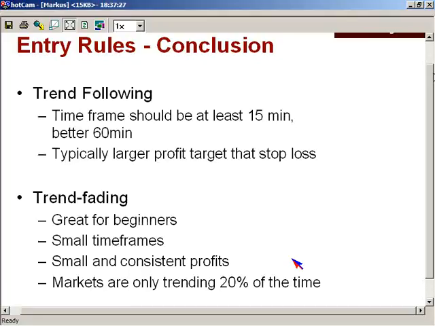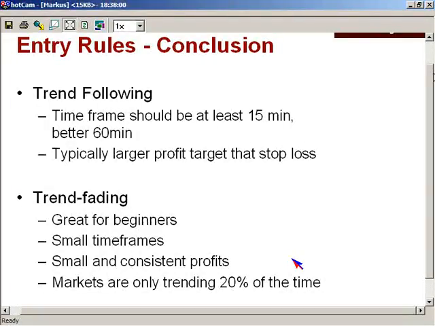And when you're trend fading, some trend fading approaches even have a larger stop loss than your profit target. Well, they still make money because they usually have a higher winning percentage. So for a trend following system, it is not unusual that you see a winning percentage of anywhere between 50 to 65%, and very aggressive home run, hit and run systems might even have a low winning percentage of only 20 to 30%.